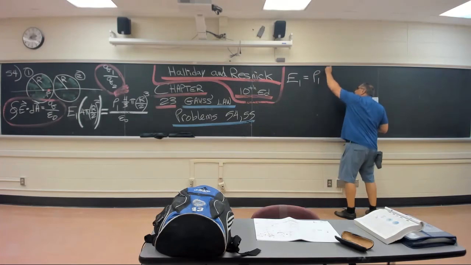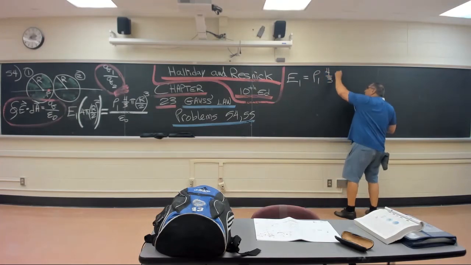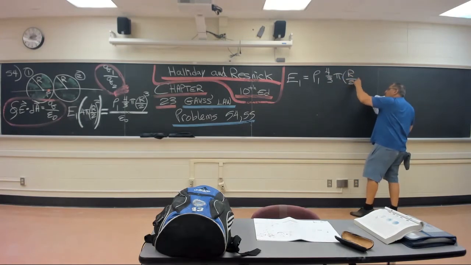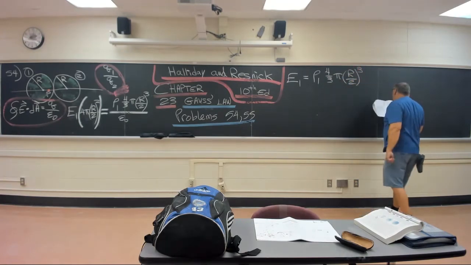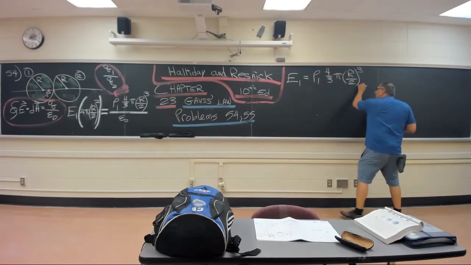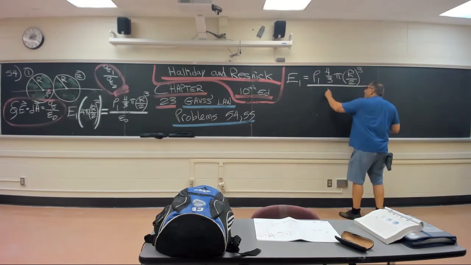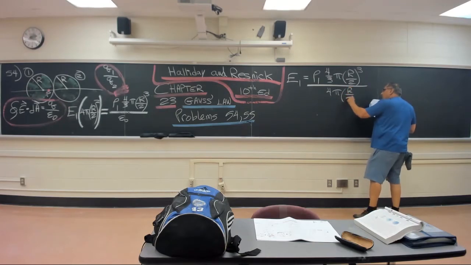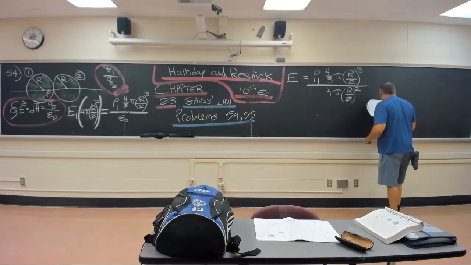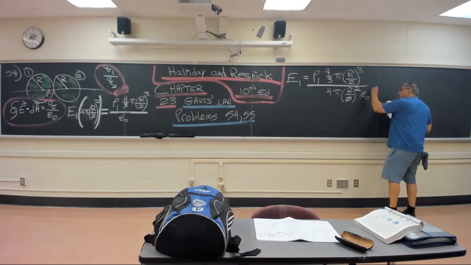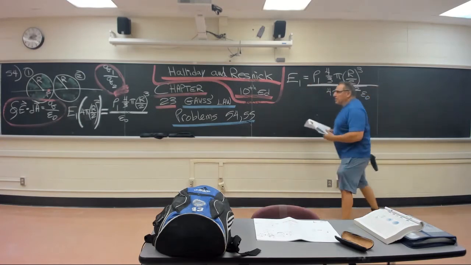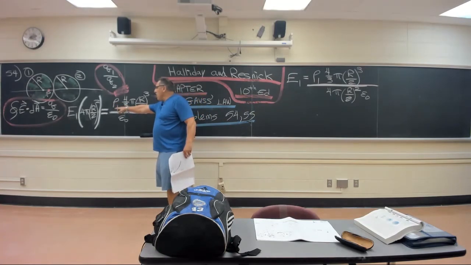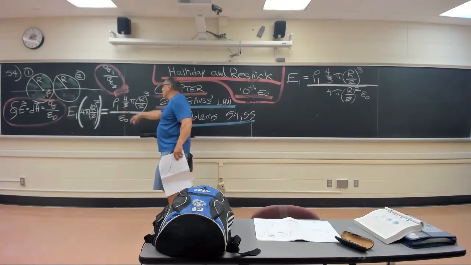Rho 1, 4/3 pi, over 4 pi epsilon naught. Okay, that's just the algebra. You're solving for E1 from what you have right here.